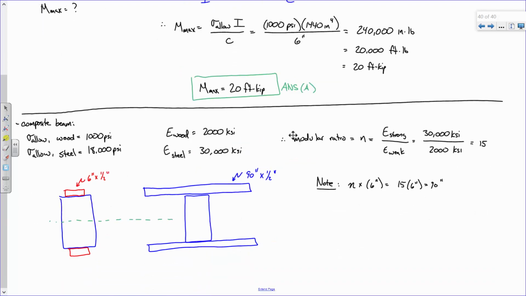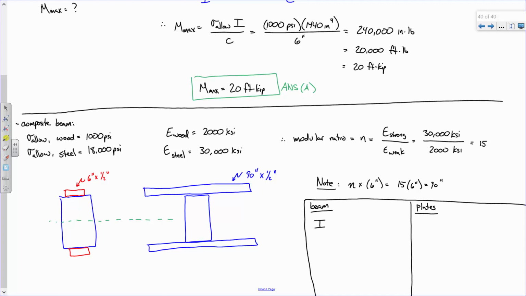So let's write down some quantities over here before we do some calculations. I'm going to call this the beam, and I'm going to call this the plates. First off, for the beam, we already computed a moment of inertia, and it was what? 1440?